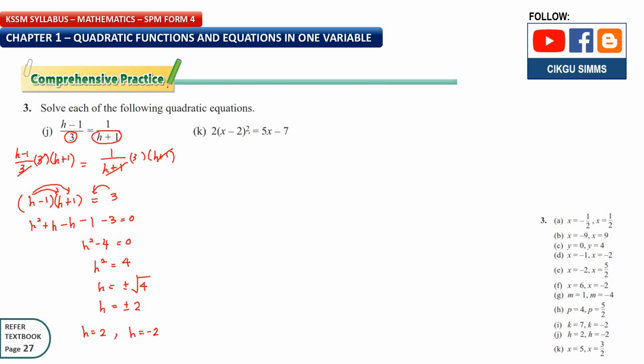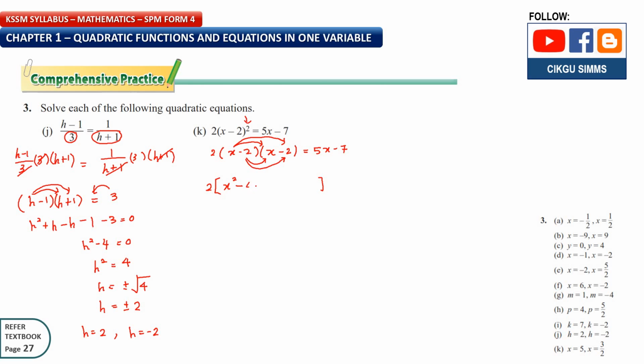Okay, so the last question, or question 3, same thing, you need to expand it. Okay, to expand it, you need to multiply the first with the first, first with the second, second with the first, second with the second. Okay, so after you factorize, you will get something like this.